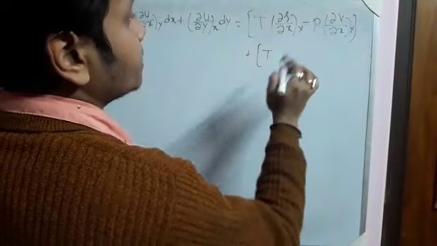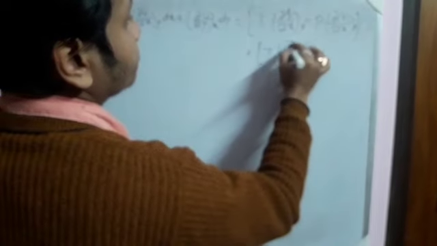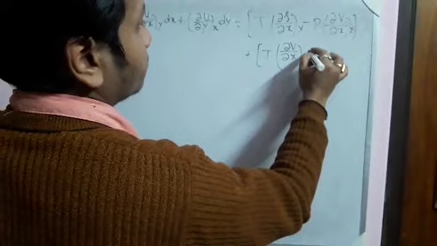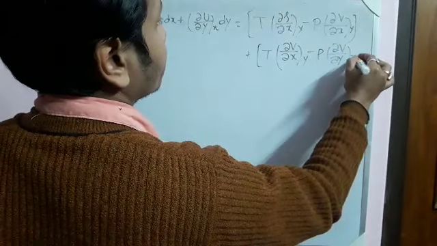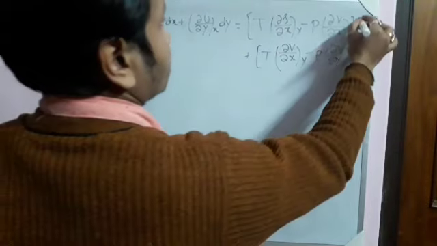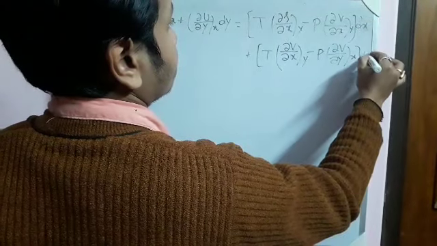So substitute ds and dv, and after rearranging we can write this, with the term minus p del v del y at constant x. So this is the coefficient of dx and this is the coefficient of dy.